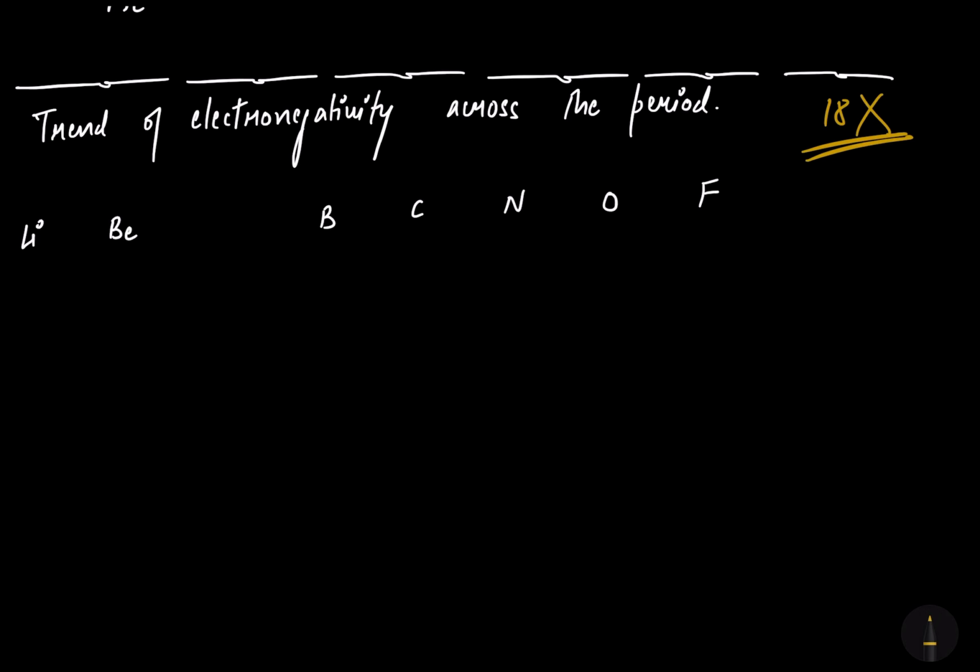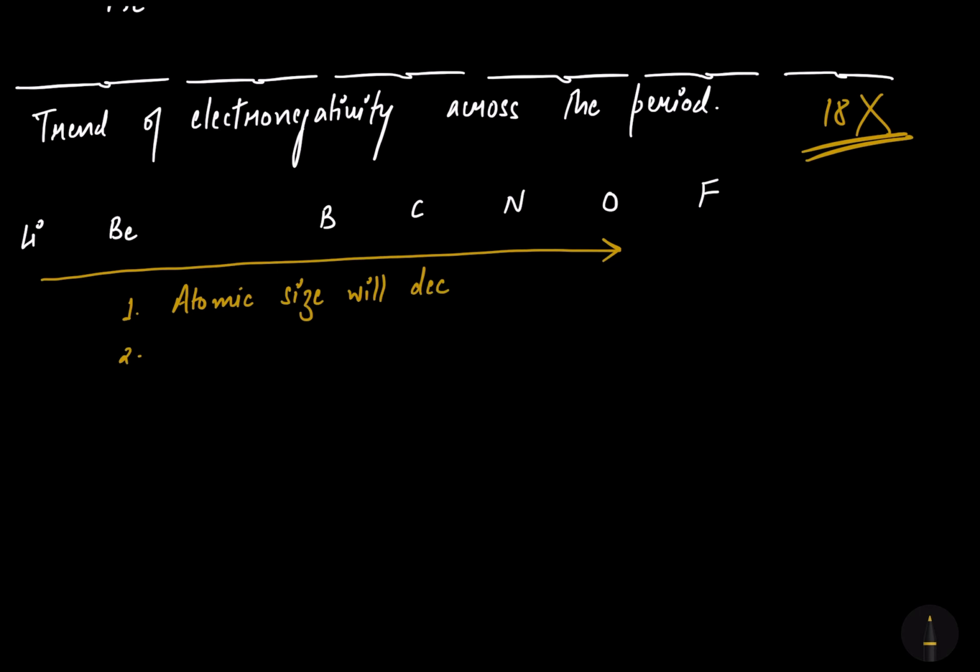So let's talk about period number 2. Now as we move across the period, that is from left to right, what's going to happen? The very first point, the atomic size will decrease. So what will happen? Effective nuclear charge will increase.